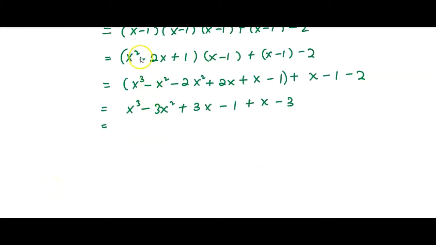After I expand this, I get this, and simplify again by collecting all the like terms together. You have x cubed minus 3x squared, and the x terms, now at the end here you have another x term, you need to combine them. You have a positive 4x and minus 4. Combining the constants negative 1 and negative 3, you get negative 4.